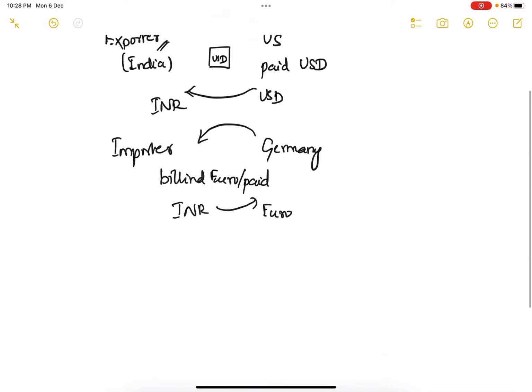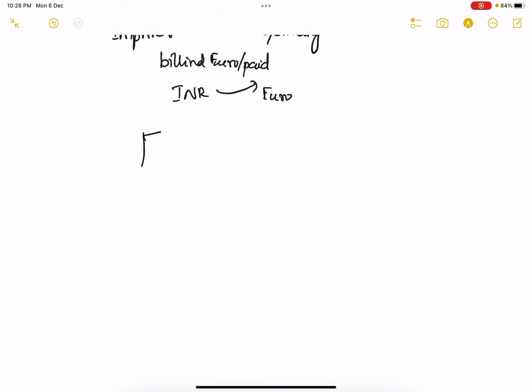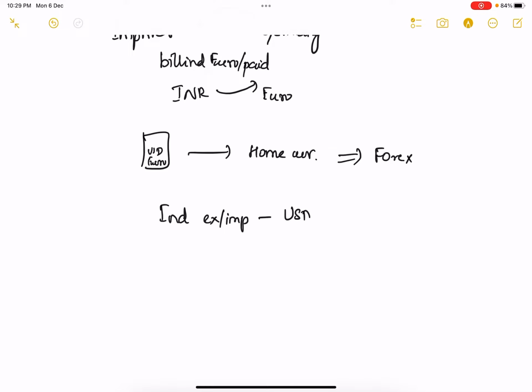So conversion of currency from the currency in the invoice to home currency is required for all cross-border trades, and this is known as foreign exchange. Considering the above example, for an Indian exporter or importer, USD and euro will be considered as foreign currency.